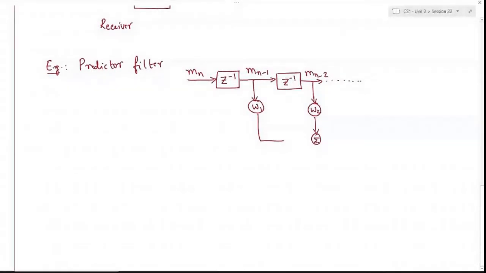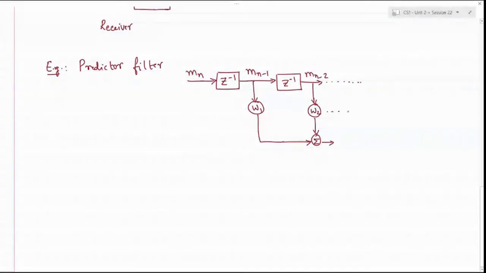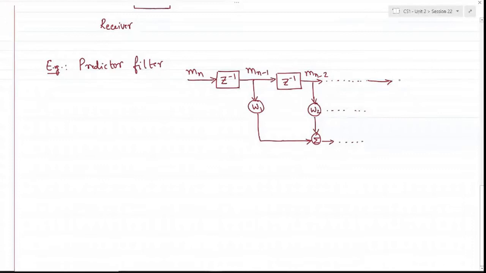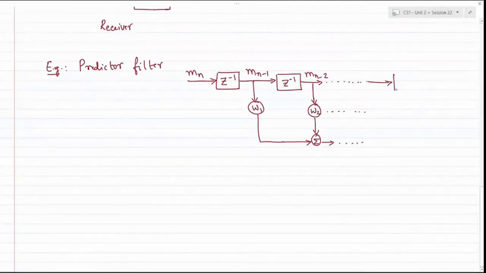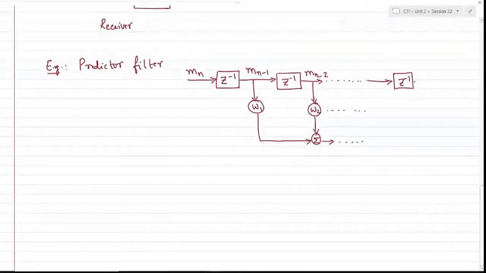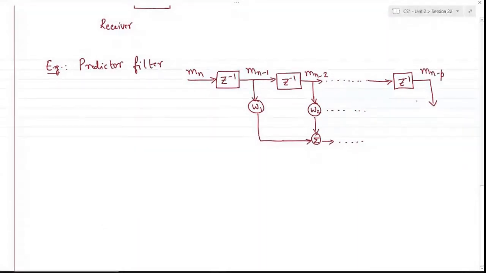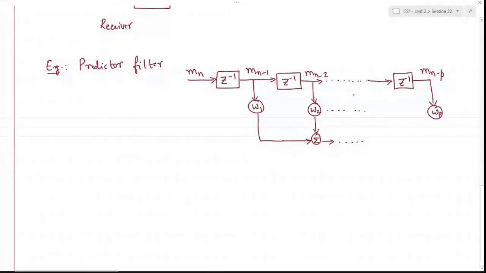and these two outputs are summed, and this process can be continued for various steps, and as a final step you can have a final delay block, which is Z minus 1, and if there are P stages, I can call this Mn minus P. So the P amount of delays are involved in this filter process.